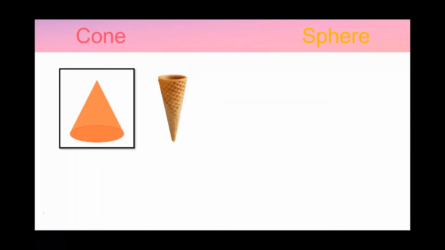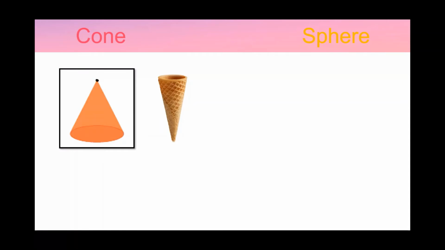Now, what is this? Excellent. It's an ice cream cone. You see, this is the cone. You can have a party hat or so many other things that look like a cone. Now, in a cone, what we need to learn is how many vertices a cone has.